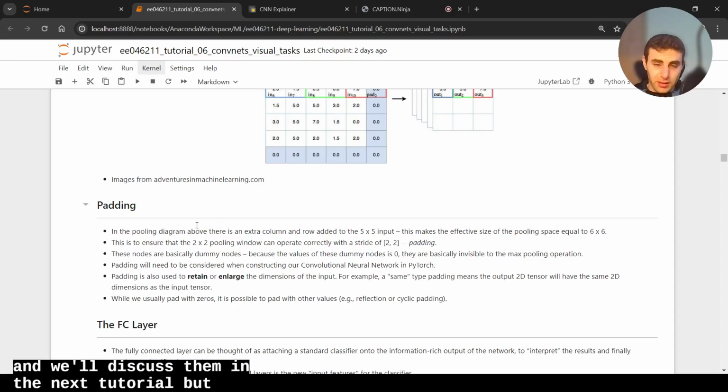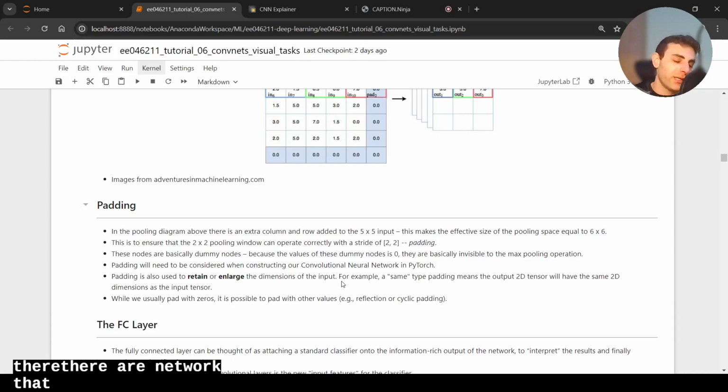What you need to know about the role of padding is that it is also used to retain or enlarge the dimension of the input. Here we are going to cover classification, but there are networks that generate images, and in this case we need to do some upsampling, so we need to increase the resolution in the network. We can play with the padding value in order to enlarge the image.